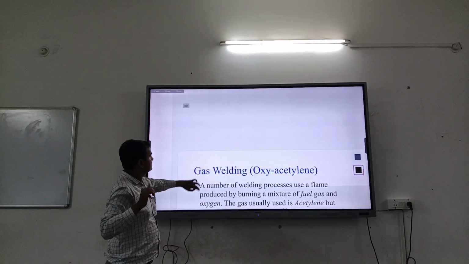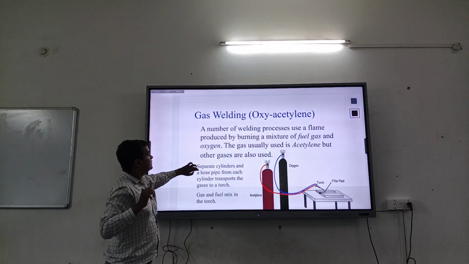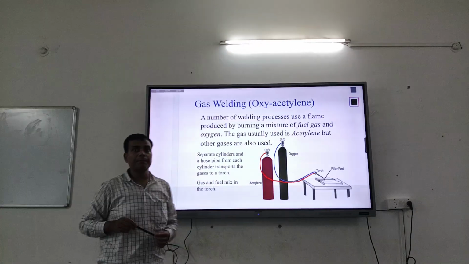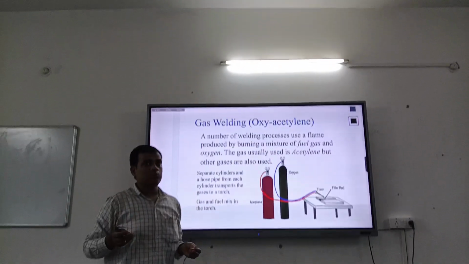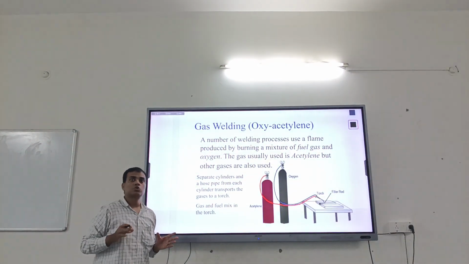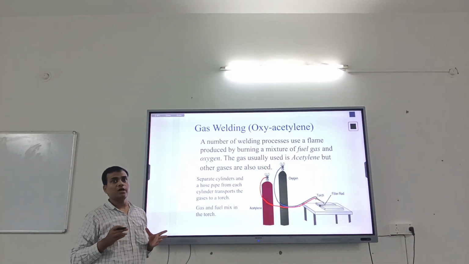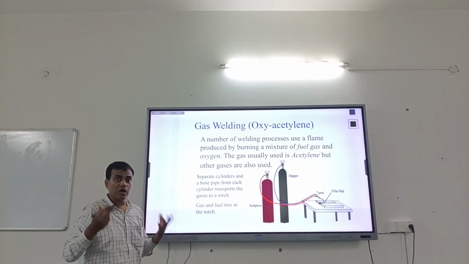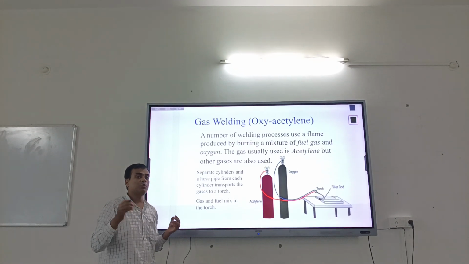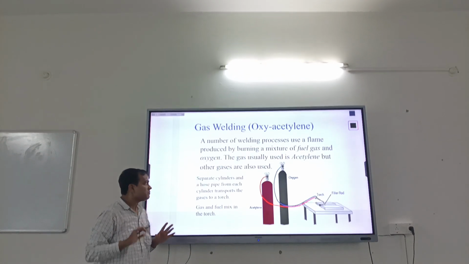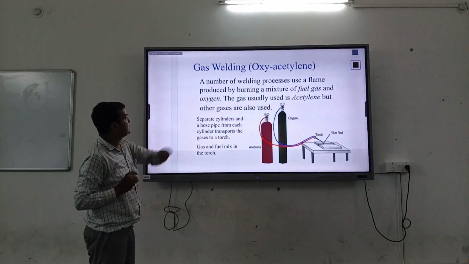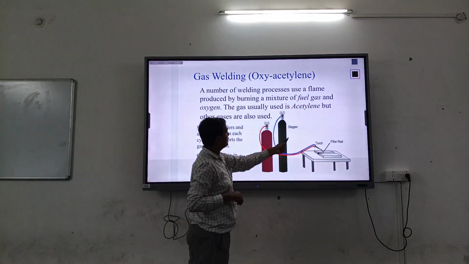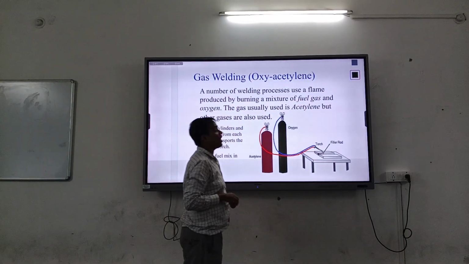Next slide. These figures show the gas welding equipment. Before using gas welding, we have to understand how the gas welding equipment works and what the important parts are. Here there are two cylinders: one is the acetylene cylinder, another is the oxygen cylinder.